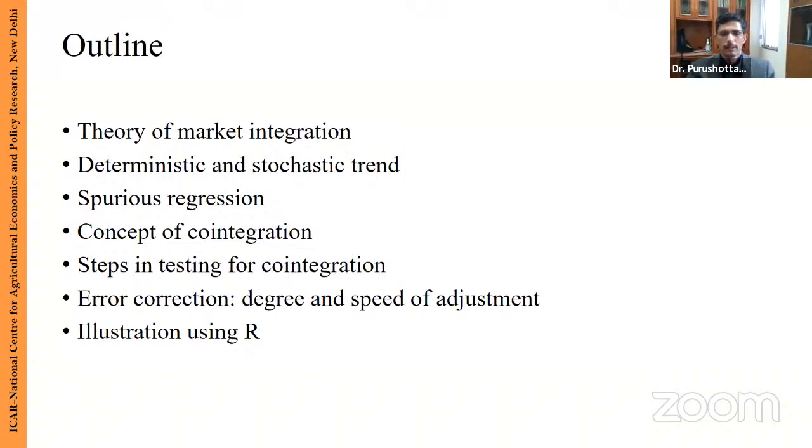Then we'll see the concept of co-integration, its steps and how it is tested. Then error correction, where we'll work on the degree and speed of adjustment to the long run equilibrium. All of this we'll work on in R, which is free software, and I think everyone has undergone a class on R.